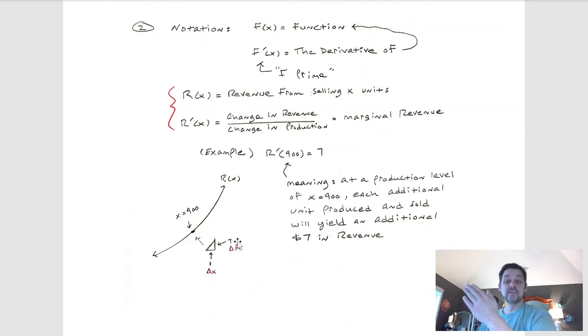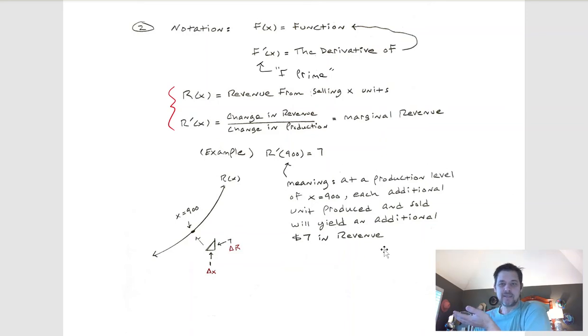That's the resulting change in revenue. It's telling me that if you're on the revenue curve right there, bumping up the production by 1, that's going this way, causes me to bump up the revenue by 7. That's going this way. Okay, so it's all really the same thing.